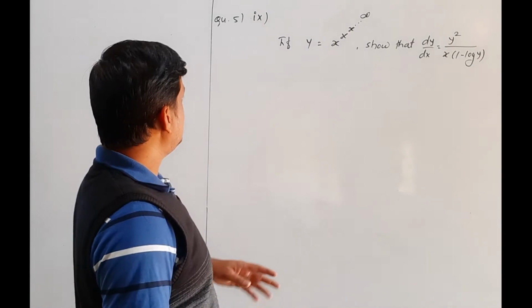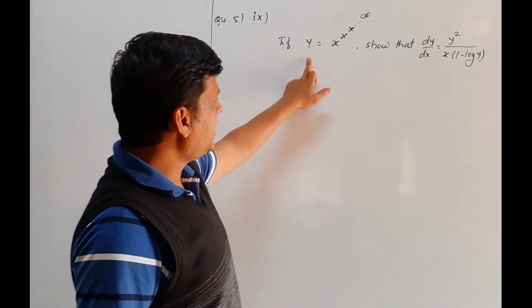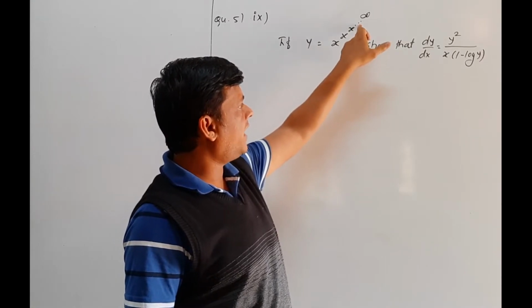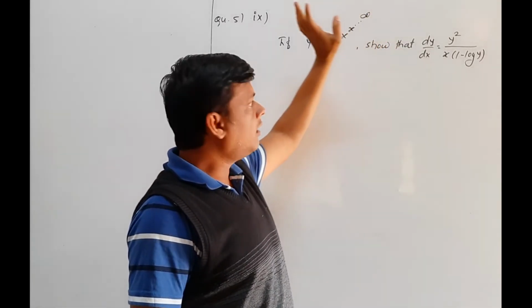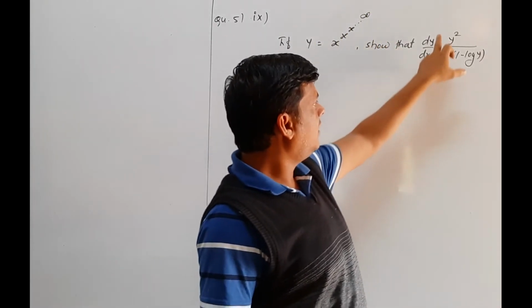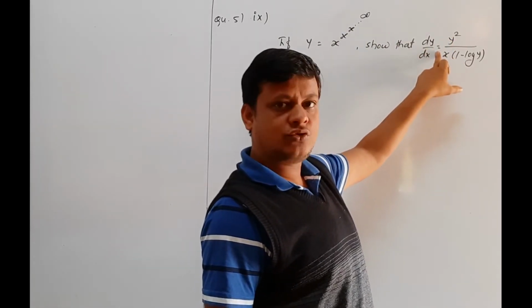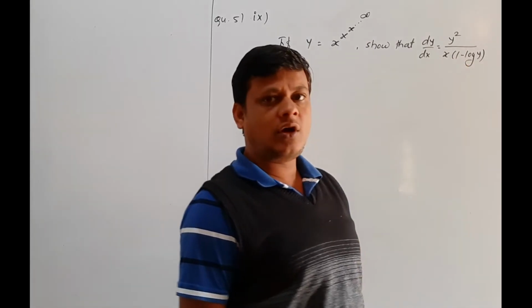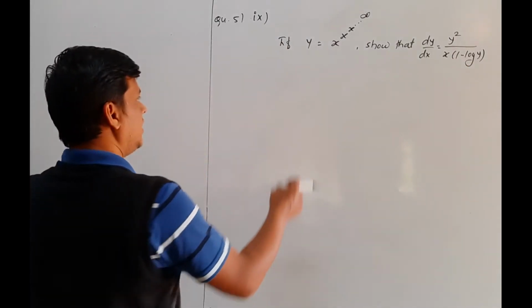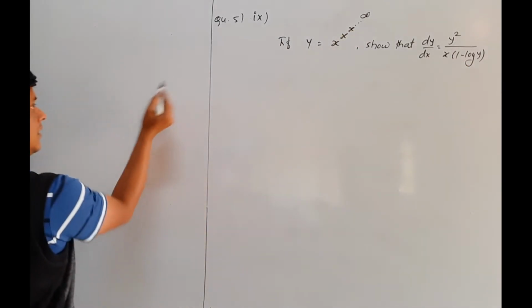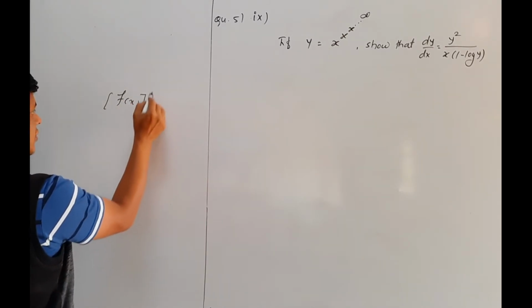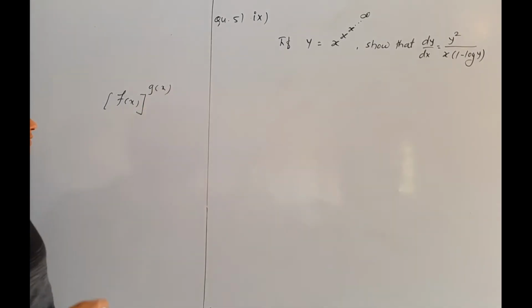Now see sub-question 9. If y is equal to x raised to the power x raised to the power x and so on up to infinity, show that dy by dx is equal to y square upon x in bracket 1 minus log y. So this function is of the form f of x raised to the power g of x.